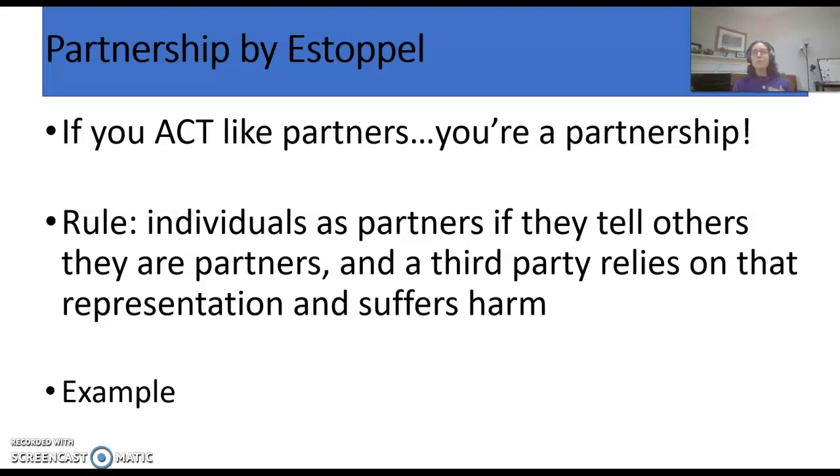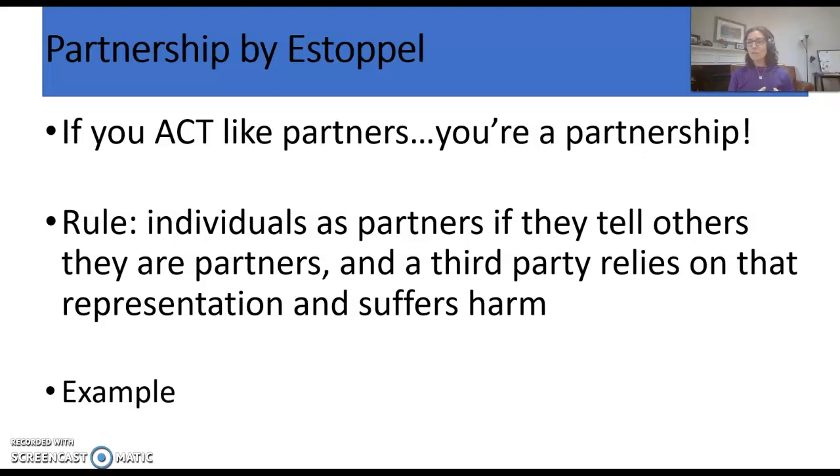And this is really important, and business people, like you guys as individuals, need to be aware of this. Because the law does not give you a special process that you have to go through to become partners, if two individuals act like they are partners, even if they don't shake hands and say, we will be partners, the law is going to treat them as partners.